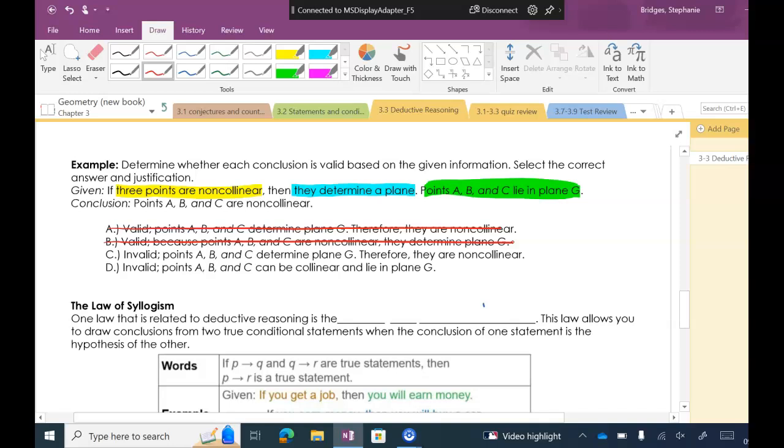That could be points A, B, and C, correct? Could that also be points A, B, and C and them still be in the plane? So which one do you think, C or D? Why is it invalid? D, yes, because they could be collinear and still be in the same plane.